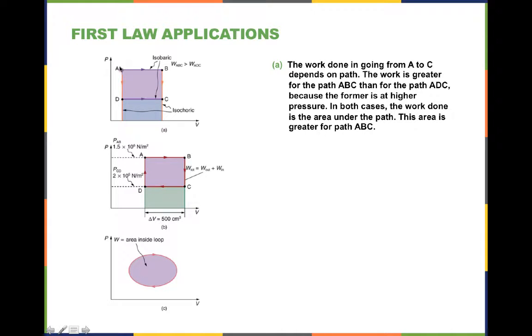If you go path A, B, C, the work is greater for path A, B, C than path A, D, C. You can see that the area under the curve here is greater than the area under the curve here. And this is because the former is performed at a higher pressure than the latter.